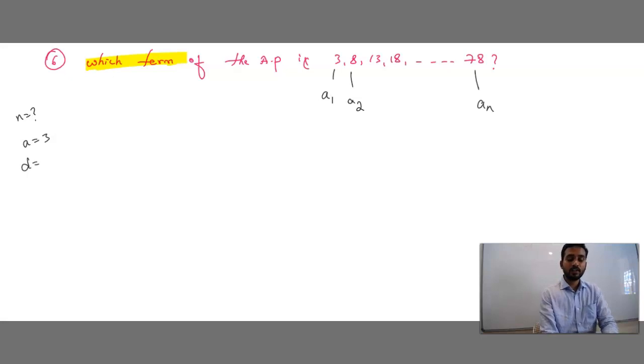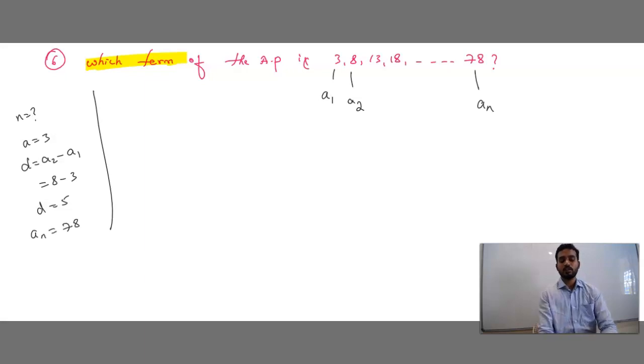What is the common difference? A2 minus A1, since it is in AP. 8 minus 3 is 5. Nth term is 78. So to find n, we have the nth term formula, because an is given. So an is equal to a plus (n minus 1) into d.